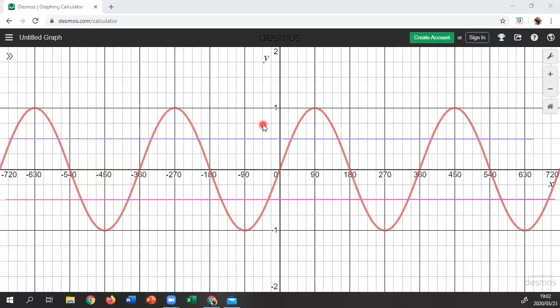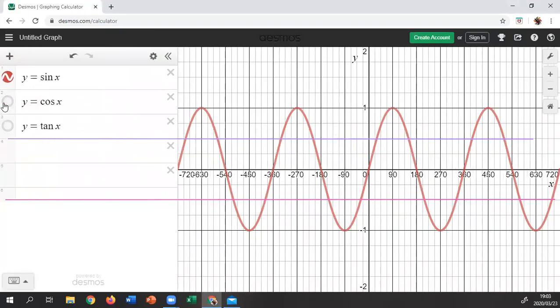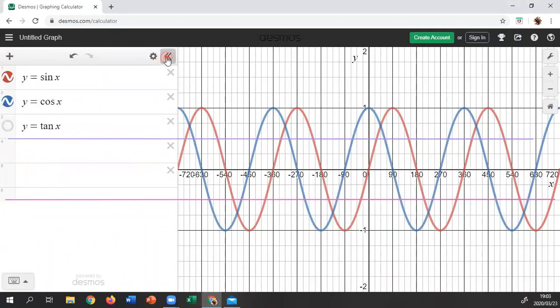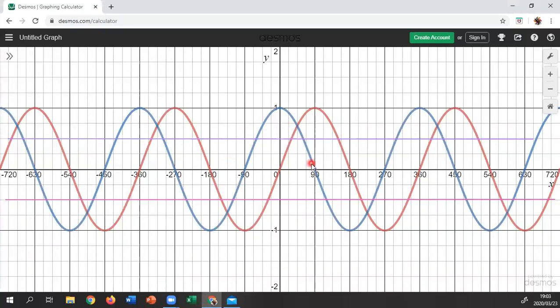I stated it when we were doing some identities, and when I was showing you some stuff around the triangles. I am now going to show you the importance of understanding this concept. Remember, that is the same case for the cosine graph. I'm going to put up the cosine graph here. You can see the cosine graph is in blue.